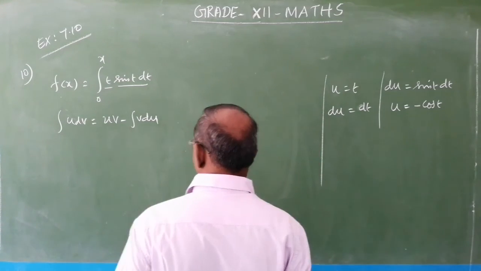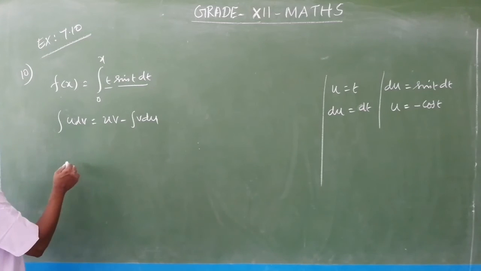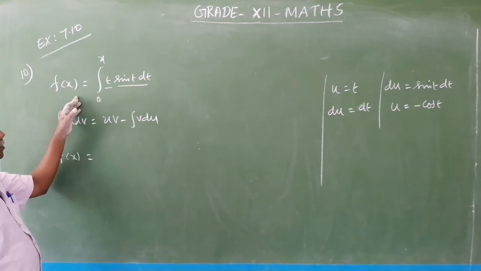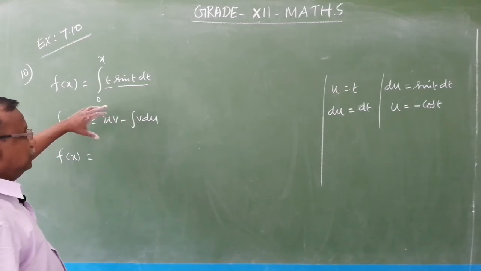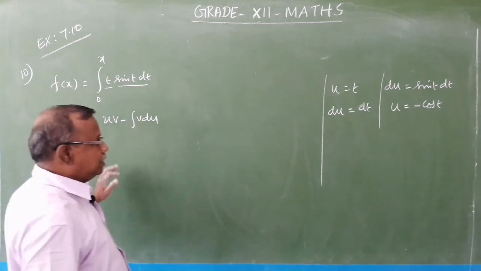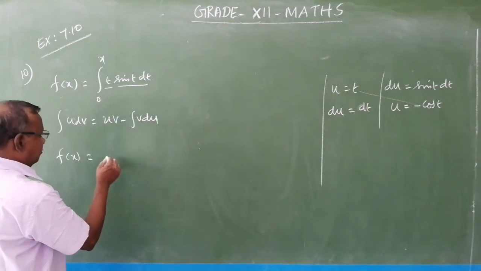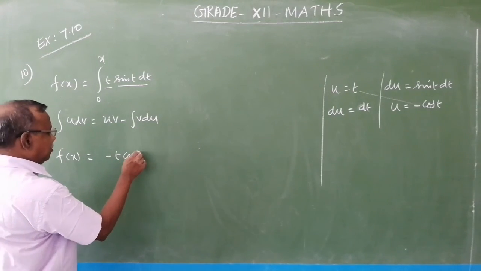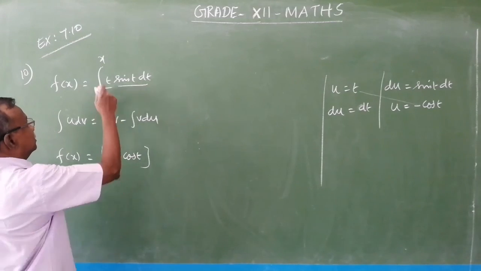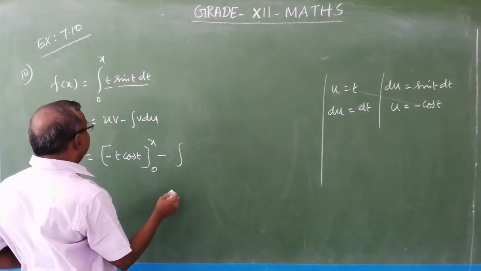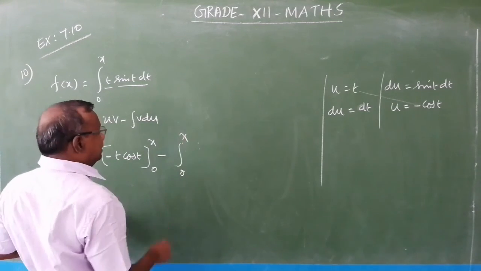Now f of x equal to, first uv means minus t cos t, from 0 to x, and minus integral 0 to x of v du.